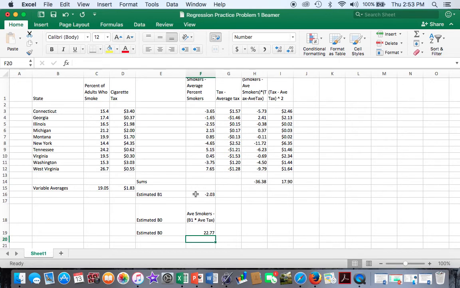And then it also tells us we have a downward slope to the regression line.